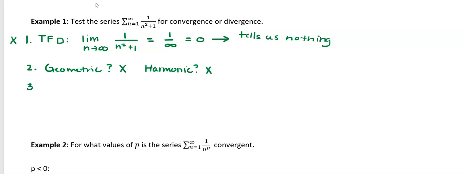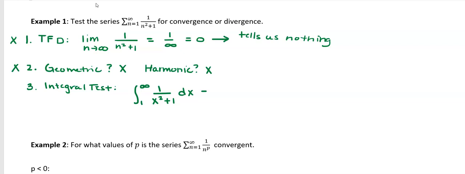So the only other test that we know and can try now is the integral test. So we're going to try to employ that. Now the integral test, remember, is to take this 1 over n squared plus 1 and put it into an improper integral from 1 to infinity and just replace those n values with x's, making it into a function.